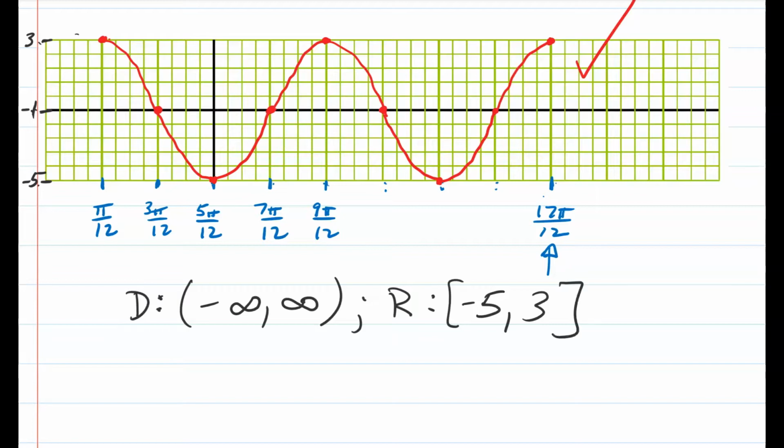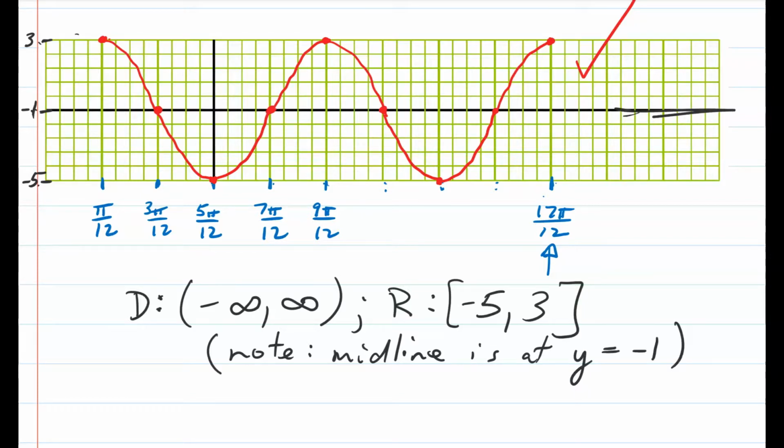There's our range. And just as a note, the midline is at y equals -1, and that's this line right here.